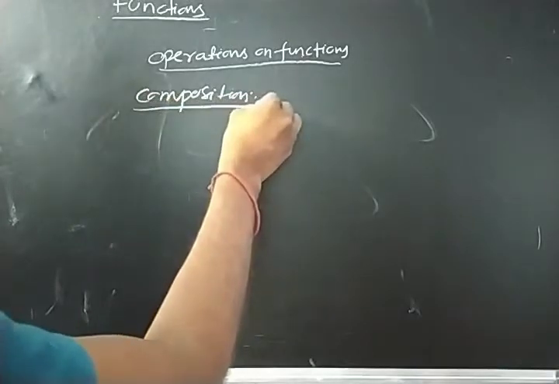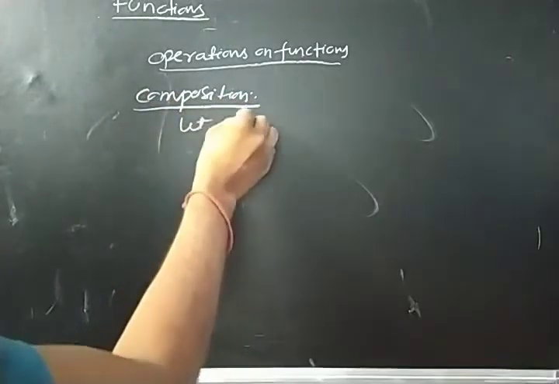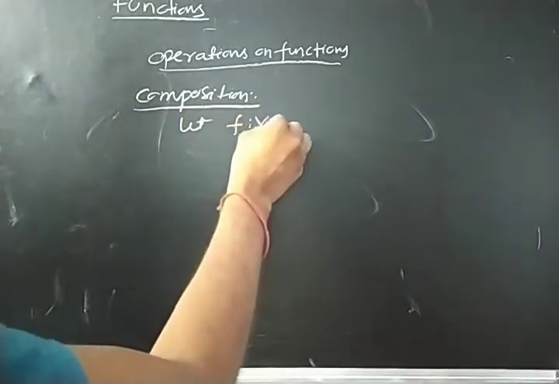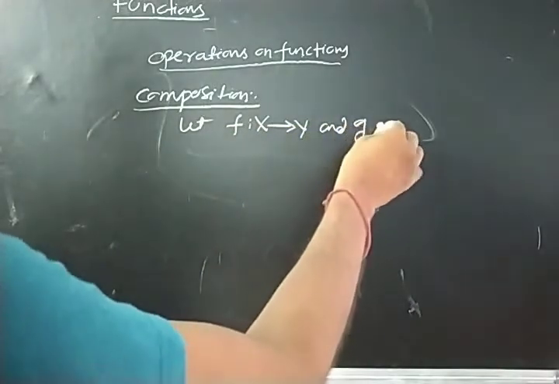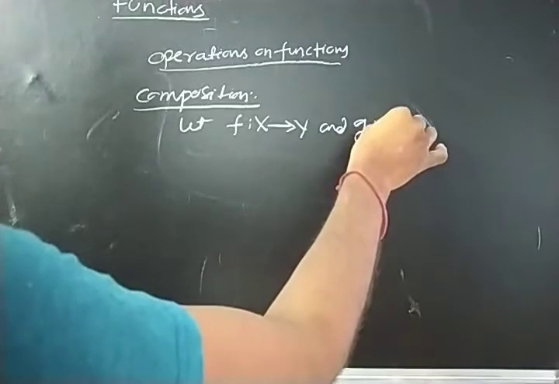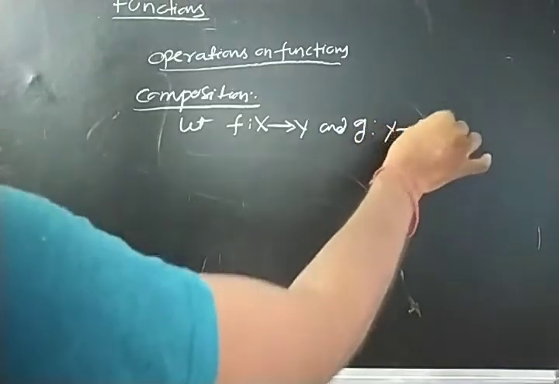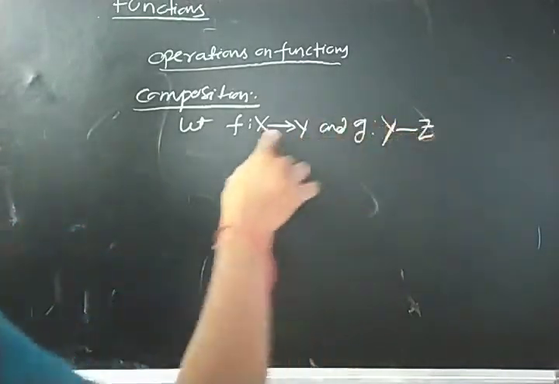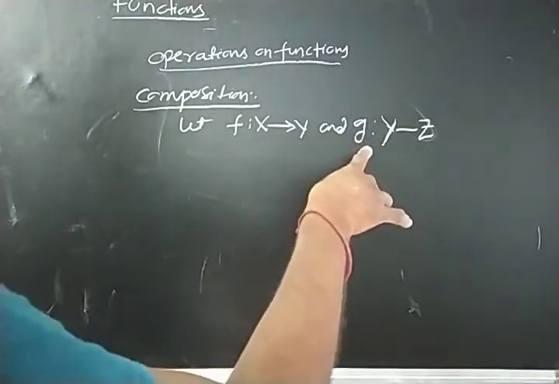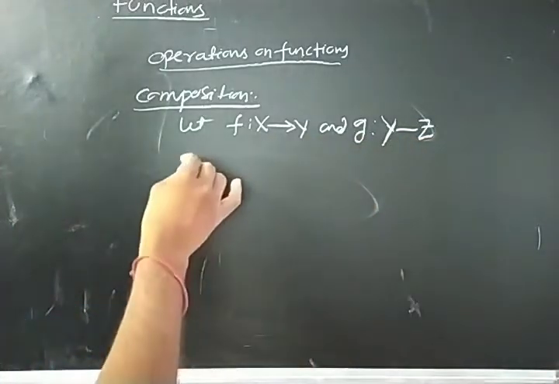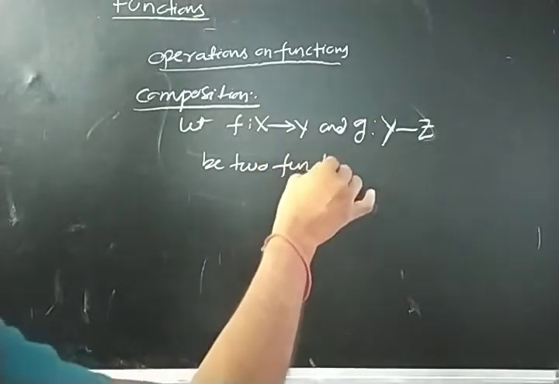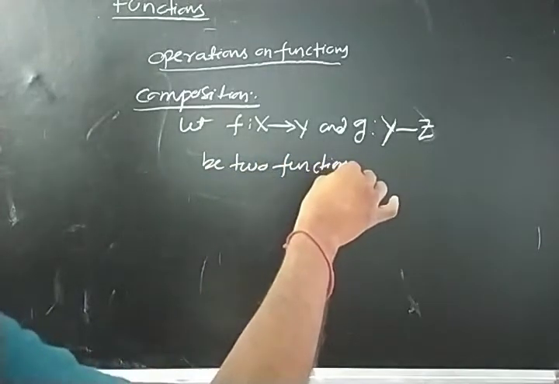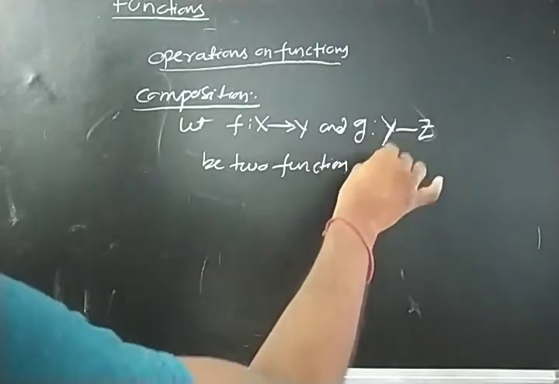Let me take one function f from X to Y, and another function g from Y to Z. I am taking two functions. One is defined from X to Y, another function g from Y to Z. Be two functions.